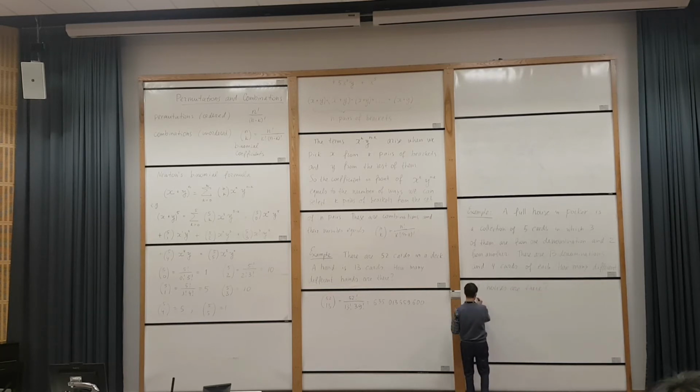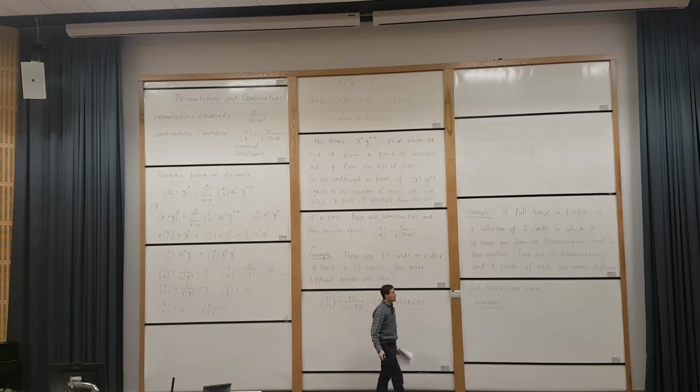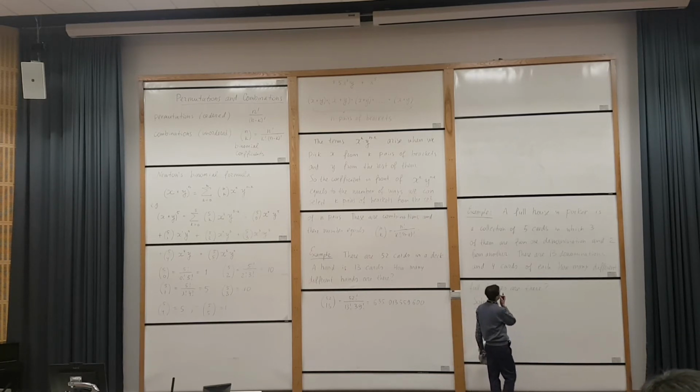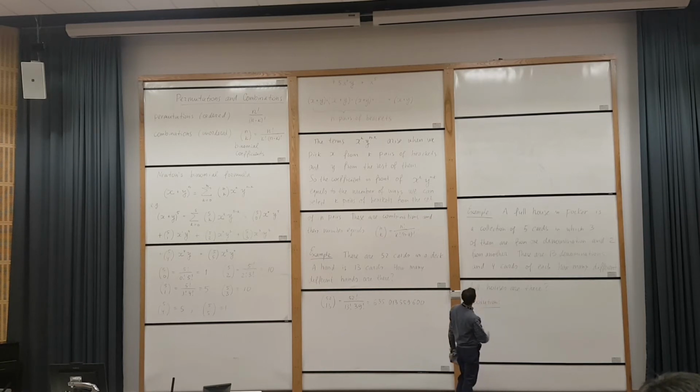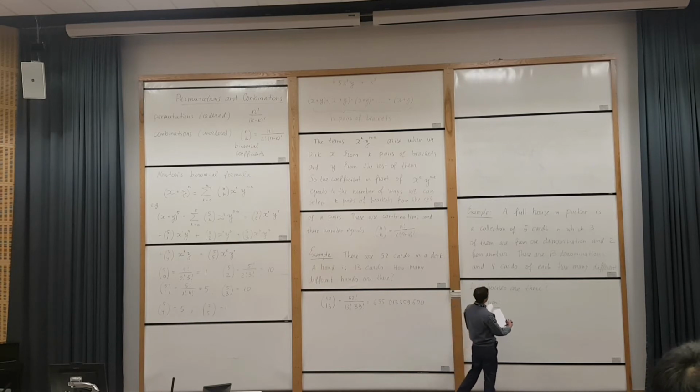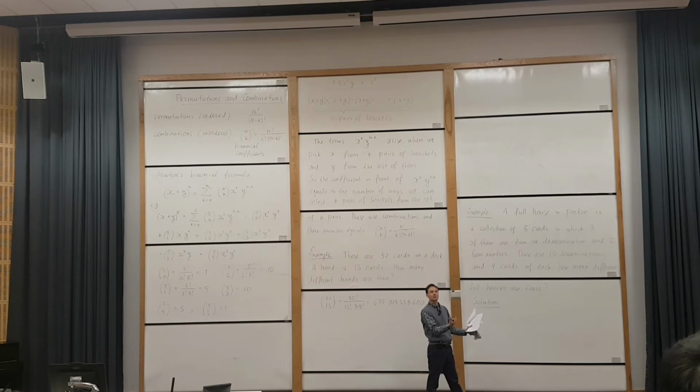Okay, so how do we solve this? So we have to select 5 cards, but not just any 5 cards. They have to satisfy the special rule that 3 have to be of one denomination and 2 of the other denomination. So we might as well start by picking a denomination for the group of 3 cards and picking another denomination for the group of 2 cards.